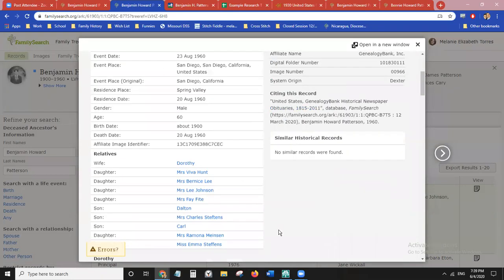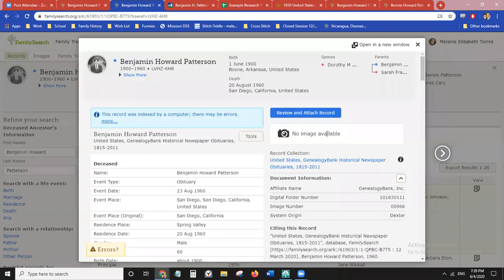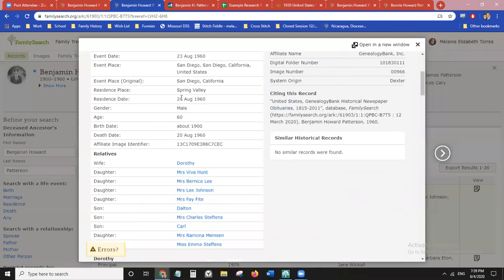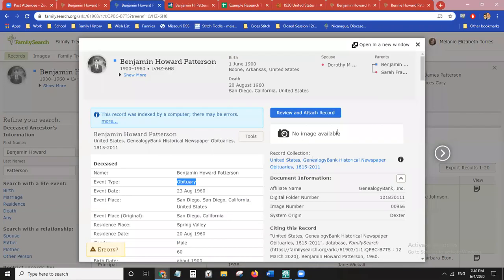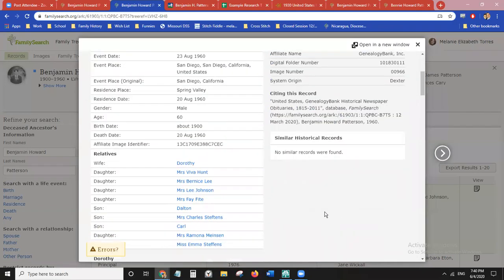Again, I don't know why FamilySearch is being so difficult with it, but so now we have an obituary right here. And it lists all these relatives. And if you read the actual obituary, it makes more sense. It will have a picture some of the time. So I encourage you to look up the article if it doesn't have a picture. But this is all good information.